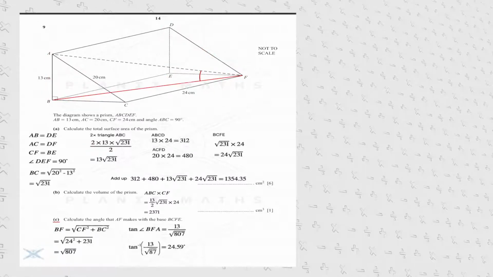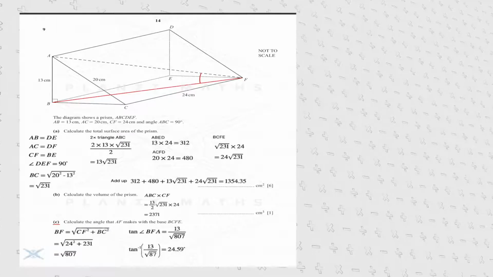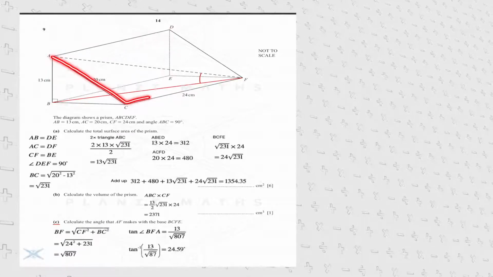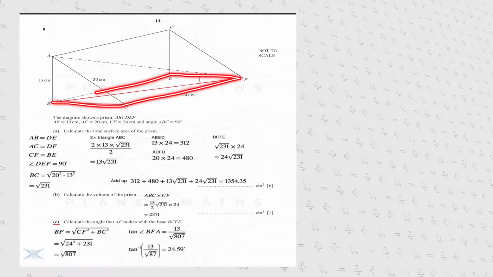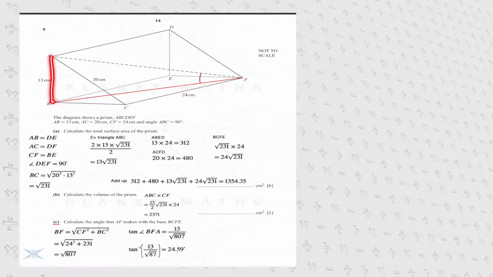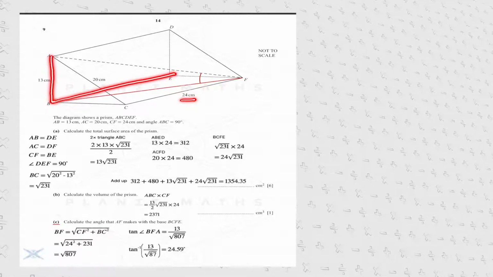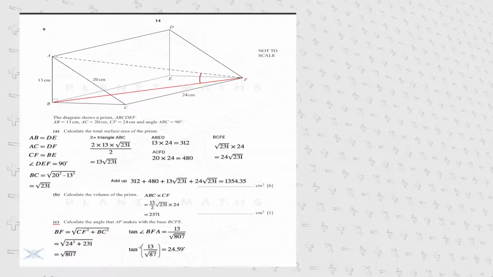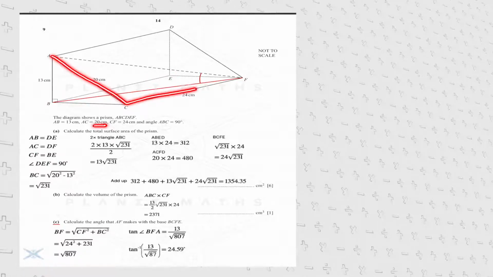3 more areas are missing now, namely the areas of the rectangles ABED, ACFD and BCFE. To get the area for ABED, we multiply 13 with 24, since BE is parallel to CF. As for ACFD, we are already provided with AC, and we multiply this with 24 again.